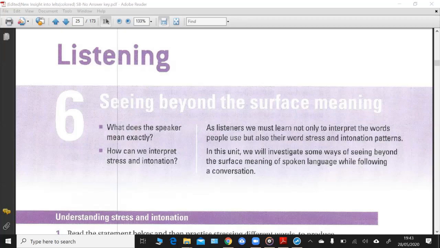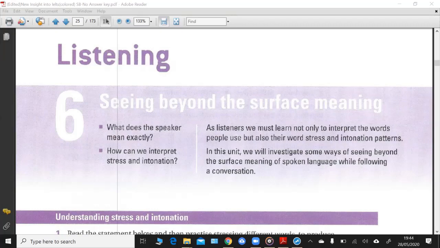It's like hidden, or you must understand from the speaker how he says something and what kind of word stress or pattern he is using. So you just develop some kind of common sense and try to figure it out.